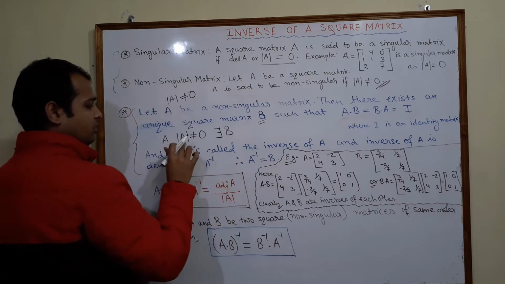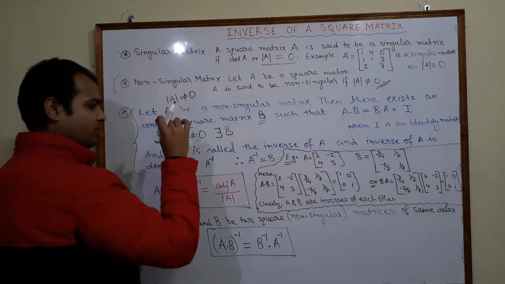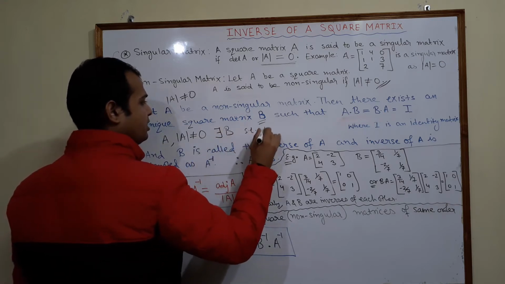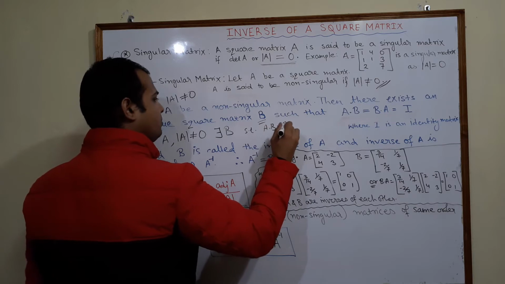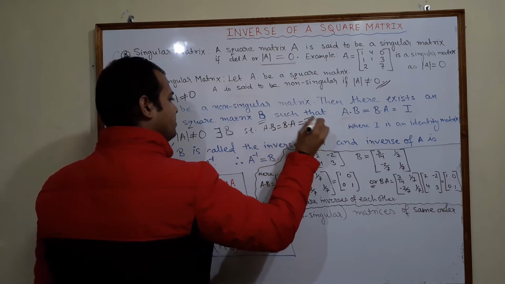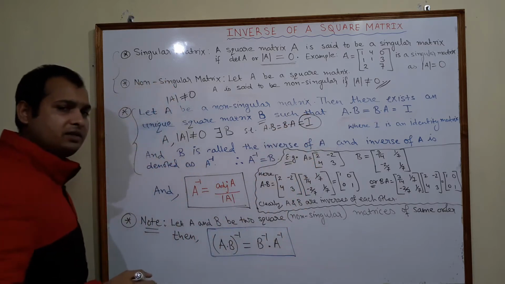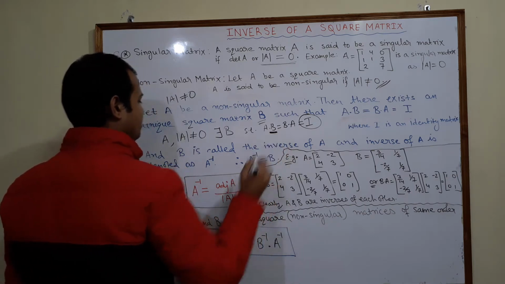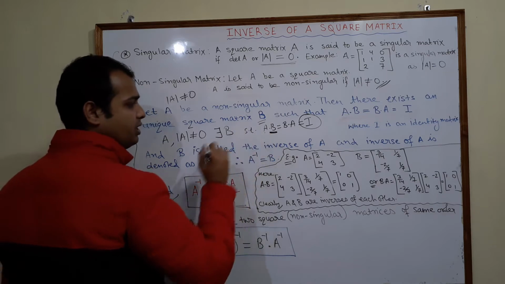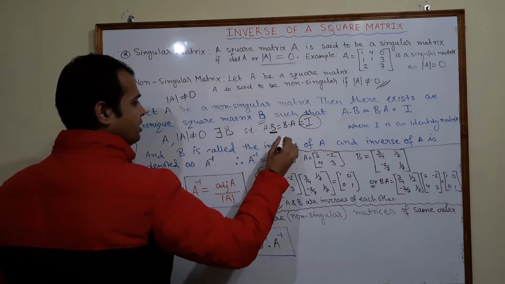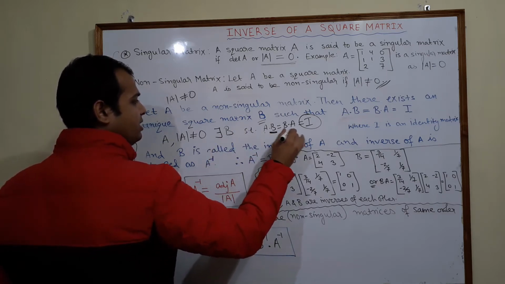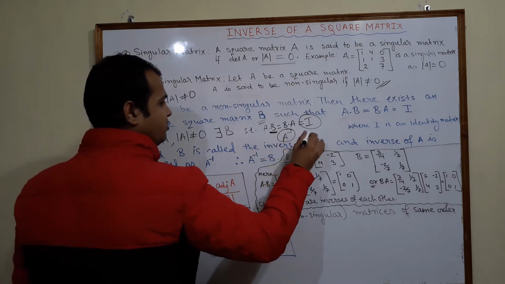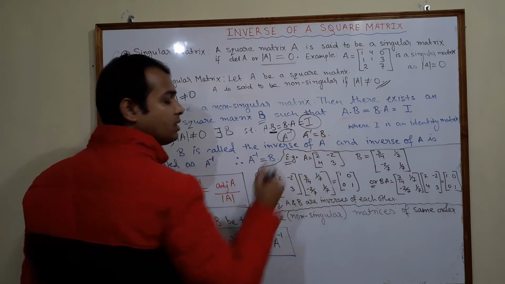Whatever is the order of A, you will get a matrix B of the same order such that A dot B is equal to B dot A is equal to I, where I is the identity matrix. In that case this B is called the inverse of A, and the inverse of A is denoted by this. So in this case A inverse is equal to B.